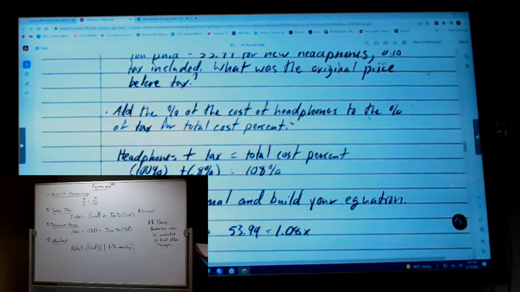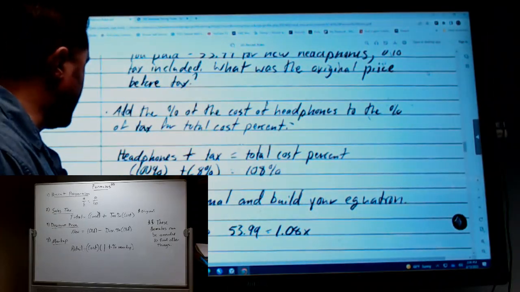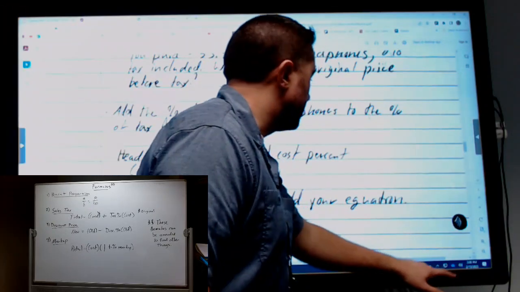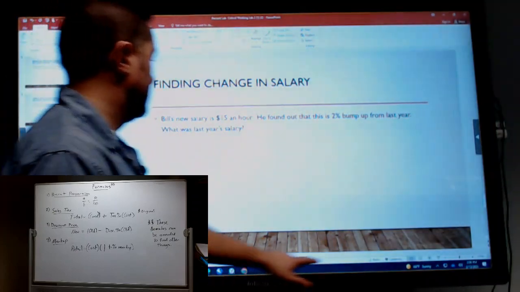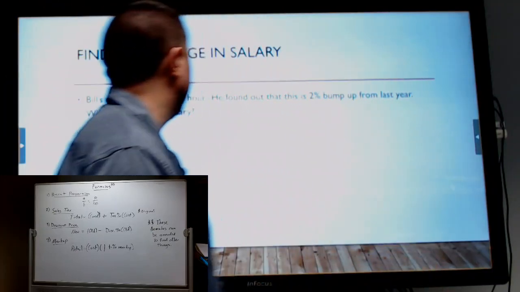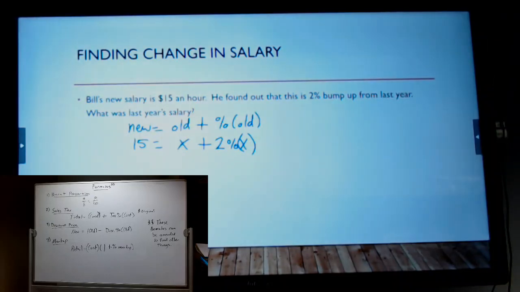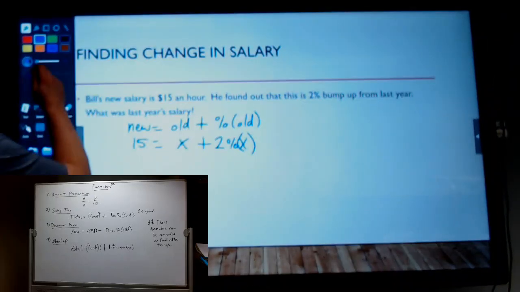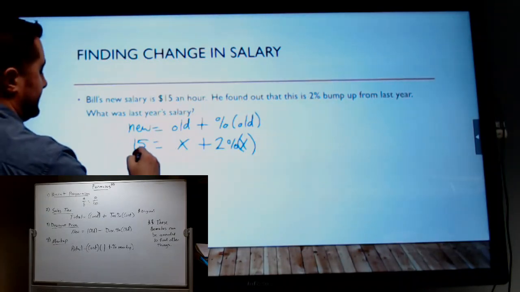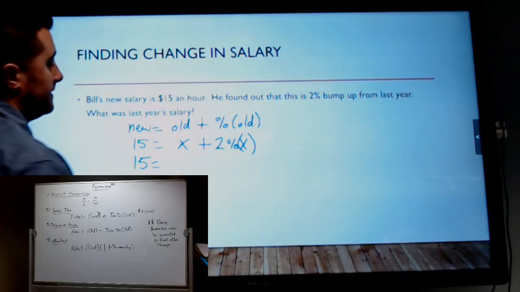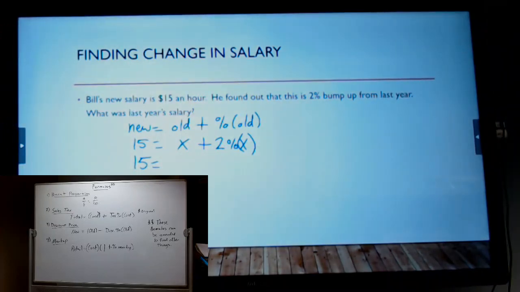Same situation here with the salary. So with the salary, this X, that's 1X, right? We saw that a little bit earlier with the discount. What's 1 times 100? 100X.